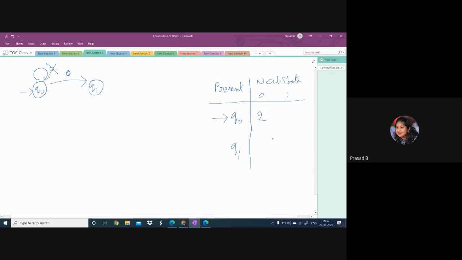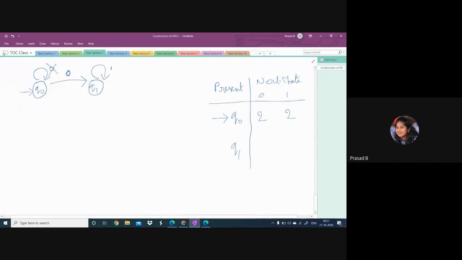Similarly, Q0 on 1, you can go to Q1 or remain in Q0, so again two options.